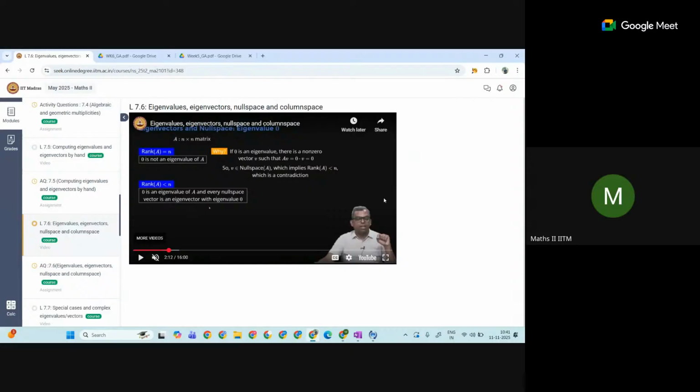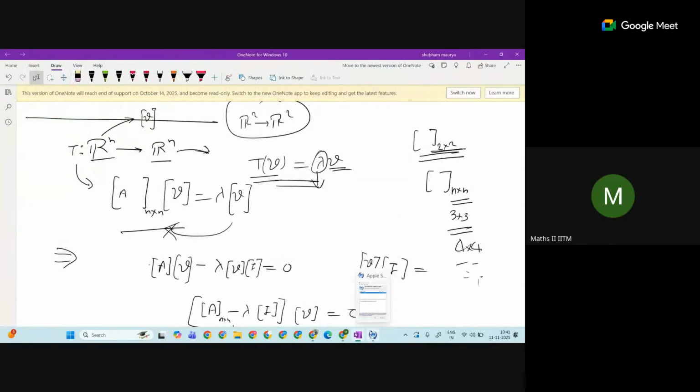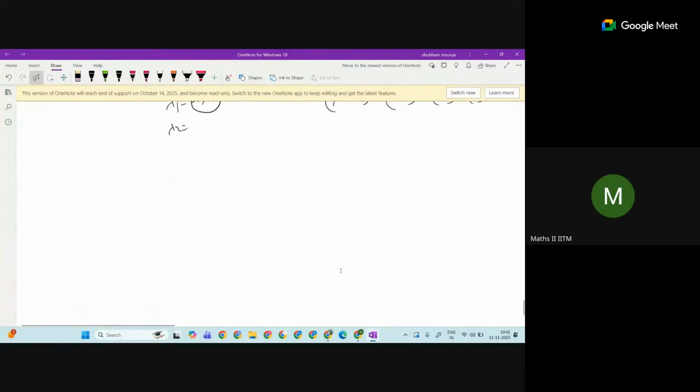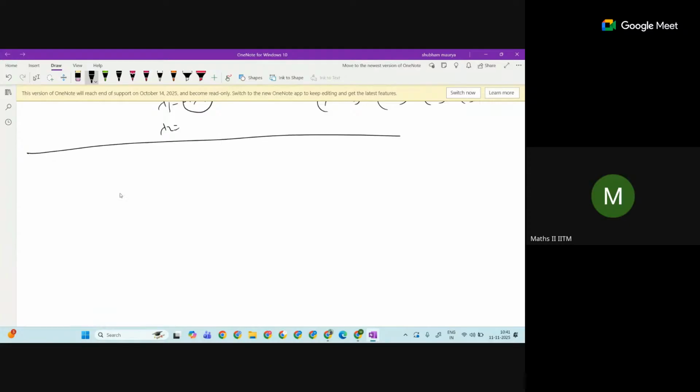So there is also a relation with the rank and eigenvalue. Most of the time you can use this trick. Suppose a matrix is bigger, say 5 cross 5. In this lecture the professor is telling about the rank and eigenvalue relation. You have a 5 cross 5 matrix, and it is asked to find the eigenvalues of it.